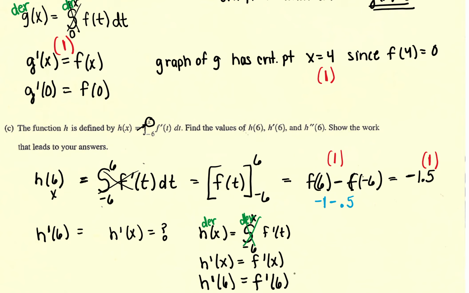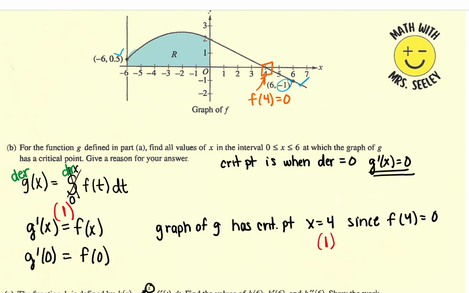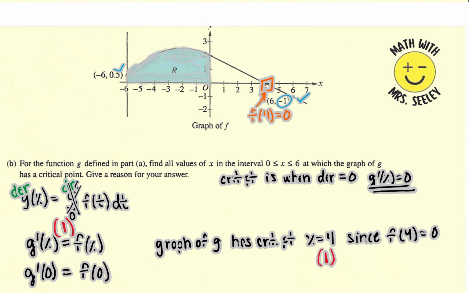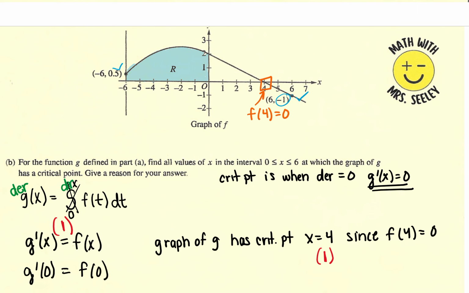Well, derivative is like slope. In fact, it's the slope of a tangent line. So go back up to your picture, the function f at 6, and let's see what the slope is. Let's think of slope as rise over run, literally like this line.